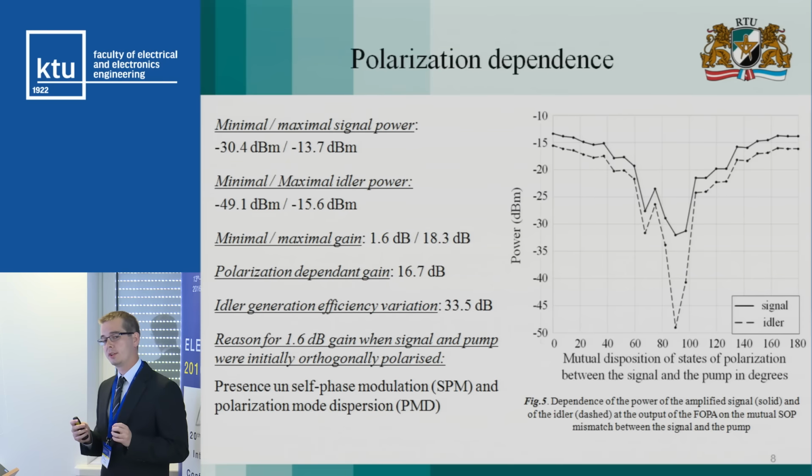This caused a slight phase mismatch between the two components and resulted in additional mismatch of the states of polarization. Therefore, we could not maintain the orthogonal positioning of the states of polarization of the signal and of the pump through the whole highly nonlinear fiber, which resulted in four-wave mixing, which eventually created 1.6 decibel amplification of the signal and generation of the idler.